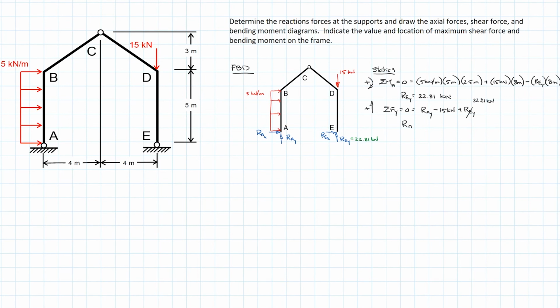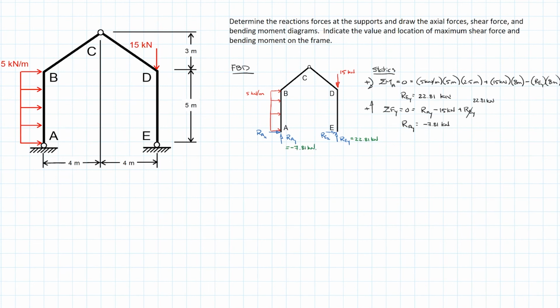And we can resolve RAY and determine that it is equal to negative 7.81 kilonewtons. Of course, the negative sign simply means that it's going in a direction opposite to the way we've drawn it, and we can fix that at any point in time. So let's add that to our diagram. RAY is equal to negative 7.81 kilonewtons.